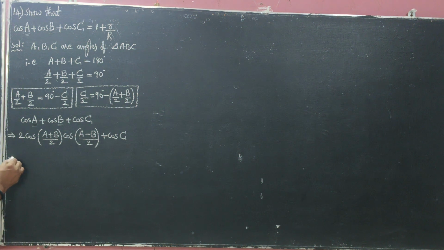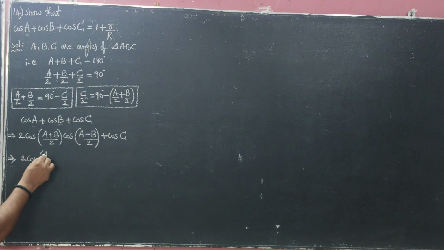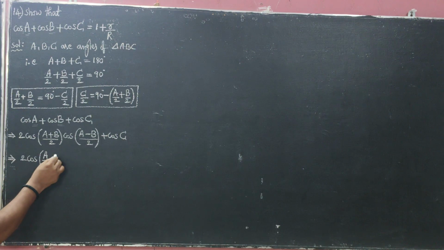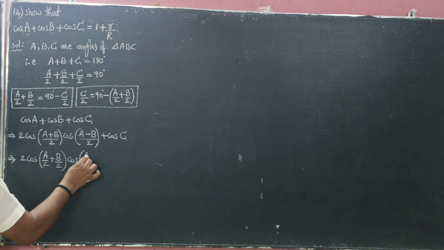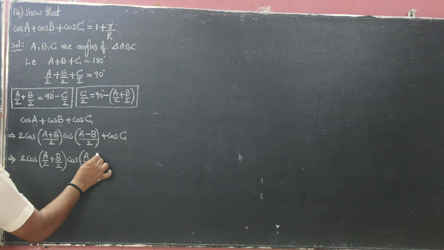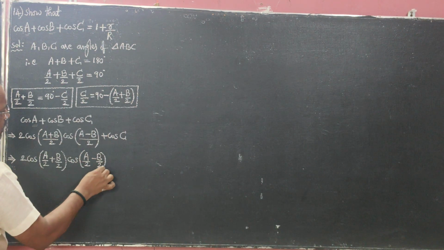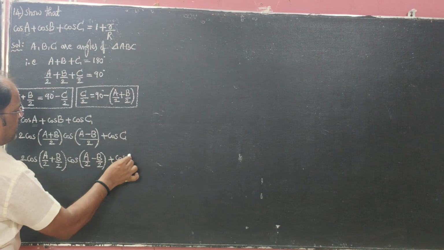Now see, 2 cos, separate the denominator, so A by 2 plus B by 2, and into cos of A by 2 minus B by 2, plus cos C again as it is.